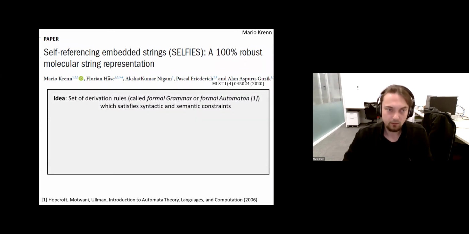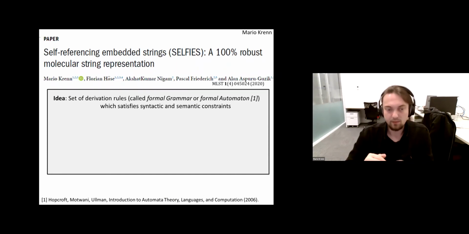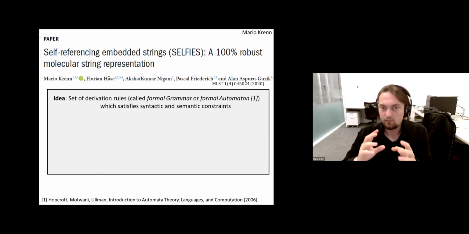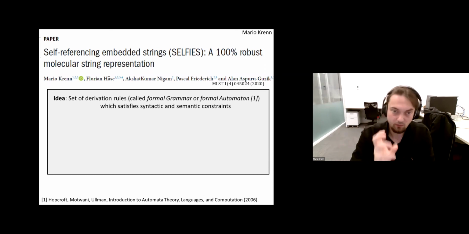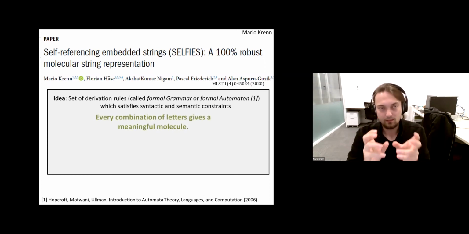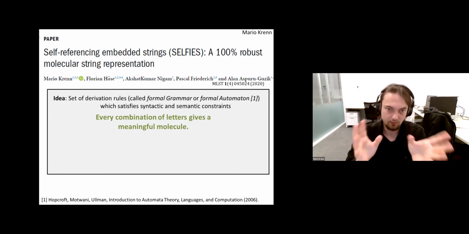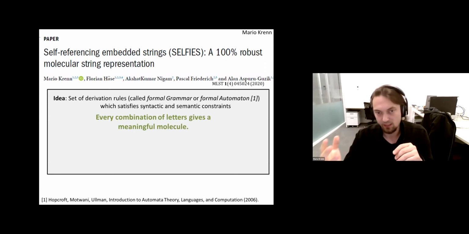The main idea behind SELFIES is that you use a derivation system inspired by theoretical computer science, by ideas of formal grammar or formal automatons, in such a way that it satisfies both the syntactic and semantic constraints all the time. You can think about this representation in such a way that every combination of the letters of the alphabet gives a meaningful molecule.